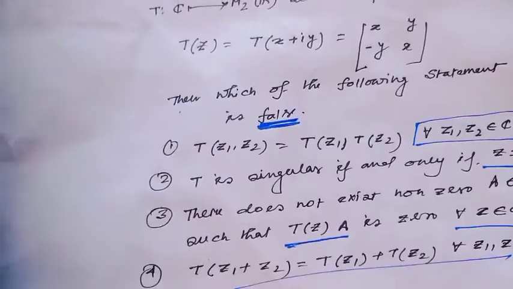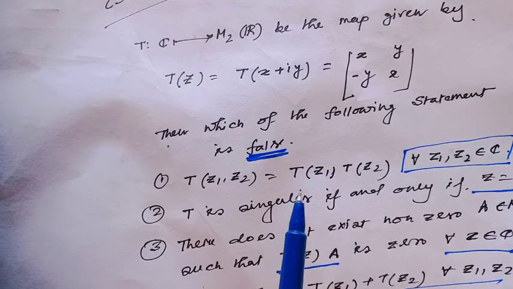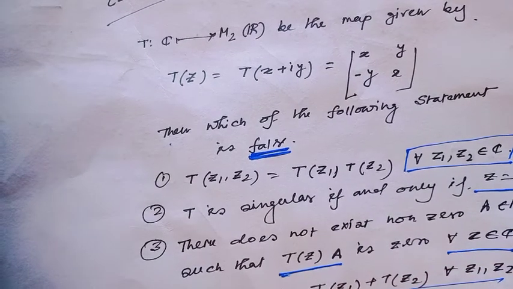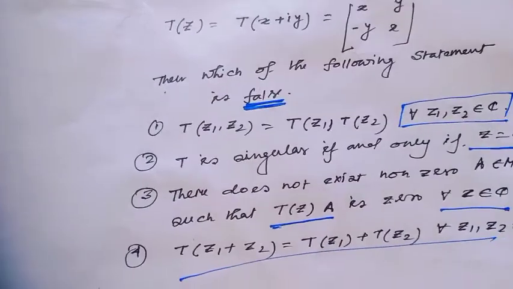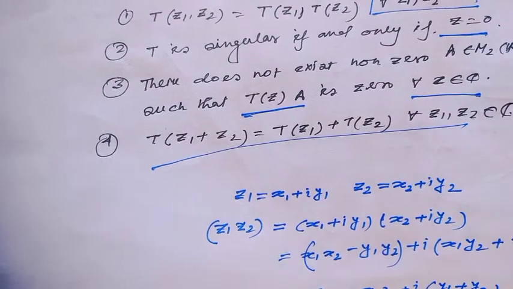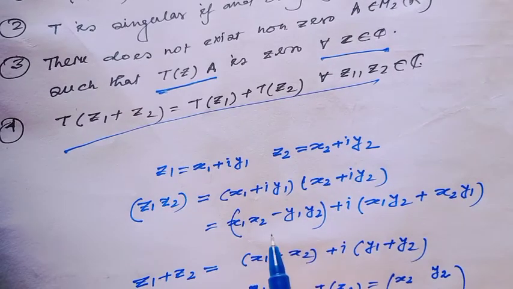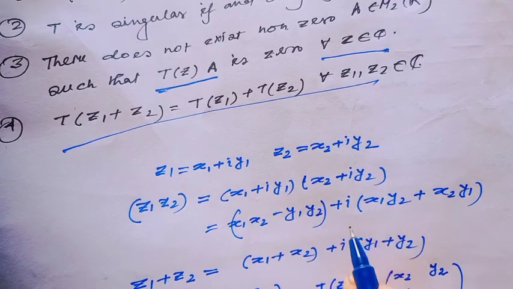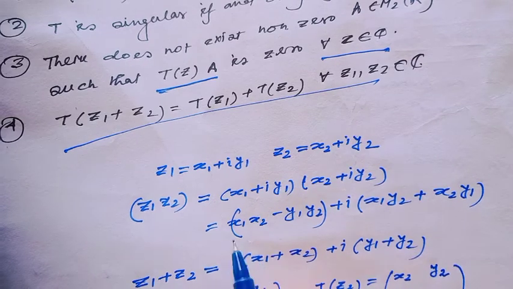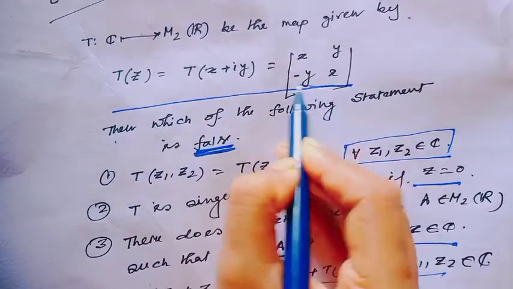At first, let's see the first option. Option 1, T of z1 z2 equal to Tz1 times Tz2 for all z1, z2 belongs to C. For this, at first calculate z1 times z2. This would be x1 x2 minus y1 y2 plus i times x1 y2 plus x2 y1. Notice the defined Tz.